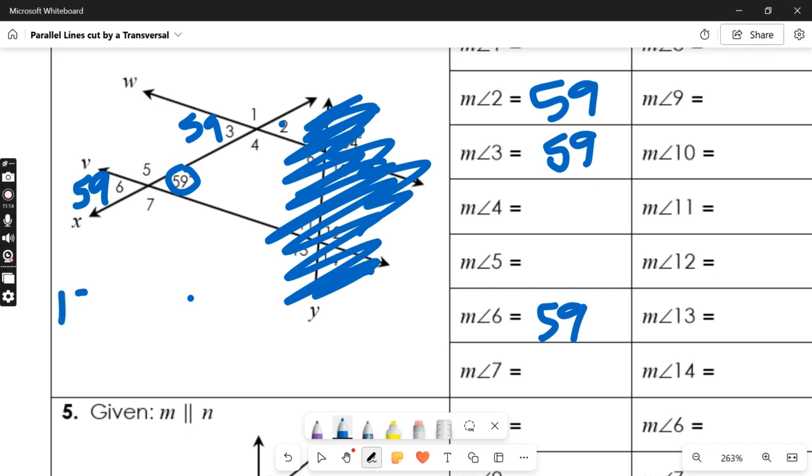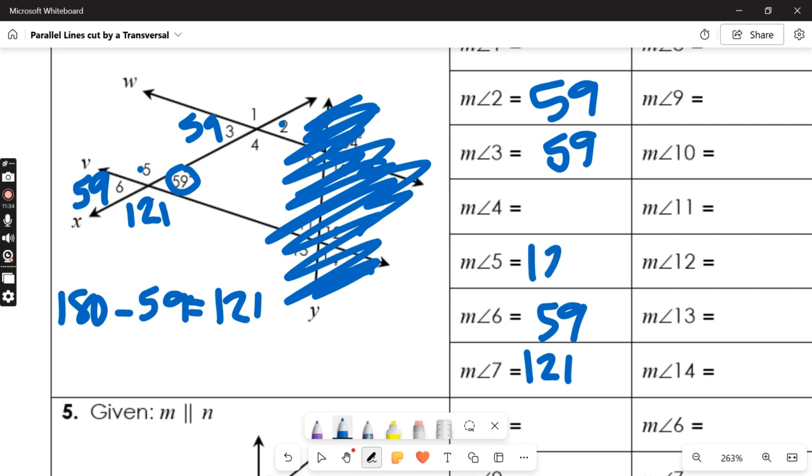Okay, so then I'm going to do 180 minus 59, which is 121. So that means angle 7 is 121. Angle 5 is 121.